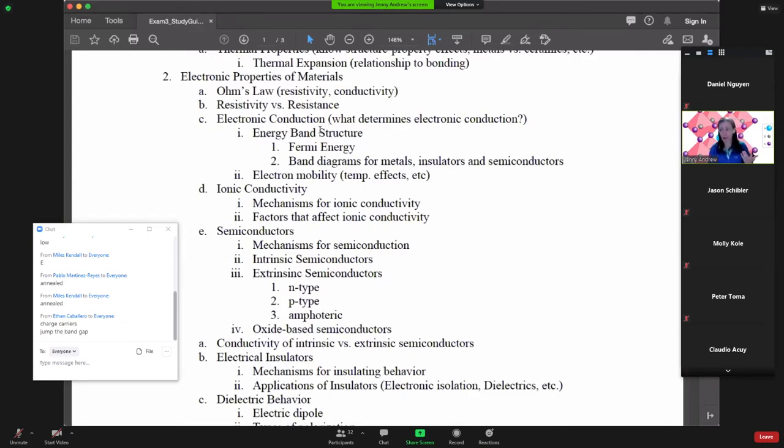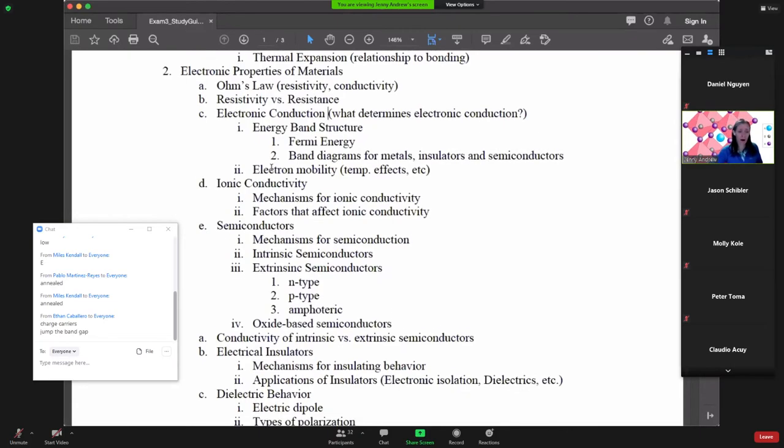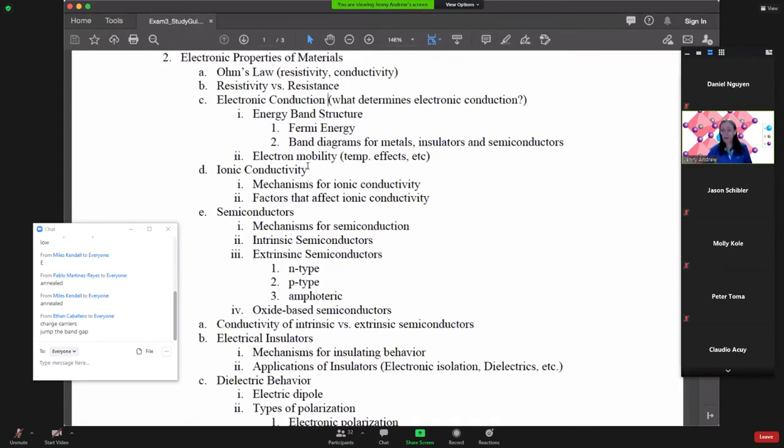If I were to ask you to draw the band structure of any of those, labeling things like band gap, Fermi level, or Fermi energy, I would hope that you would be able to do that.